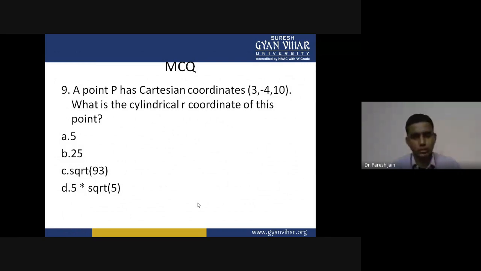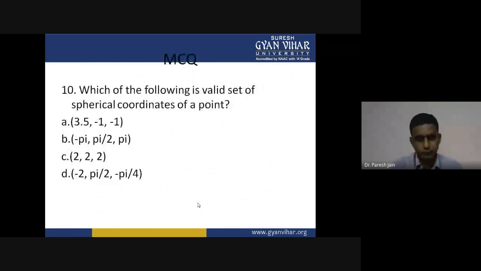We solve it by r equals the square root of x squared plus y squared, where x is 3 and y is -4. So it becomes the square root of 25, which is 5. So r is 5. The correct answer is A.